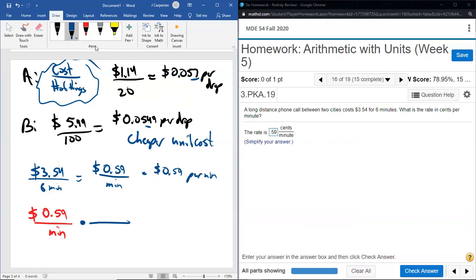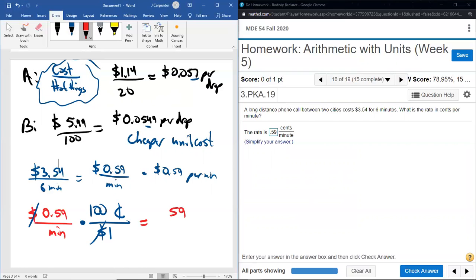What are we trying to get rid of? We're trying to get rid of the dollars. So the dollars were originally in the top, which means in the multiplier, they need to be in the bottom. And then we go, all right, what are we converting to? We're converting to cents. So the cent unit goes in the top. How many dollars get you how many cents? $1 gets you 100 cents. So then your dollars cancel. 0.59 times 100 is 59.